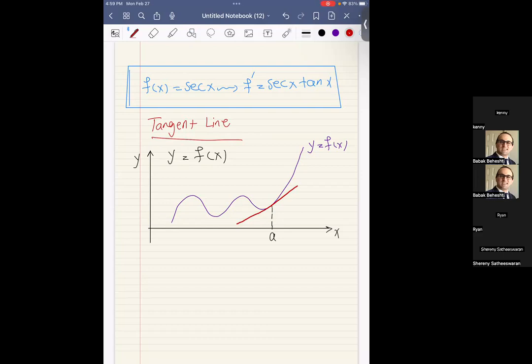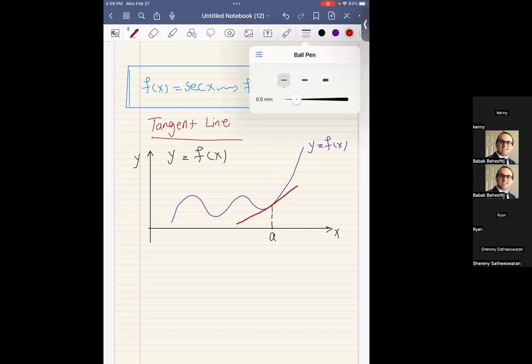And so we say that the line is tangent to the graph. So now, what is the equation of the line that is tangent to the graph?